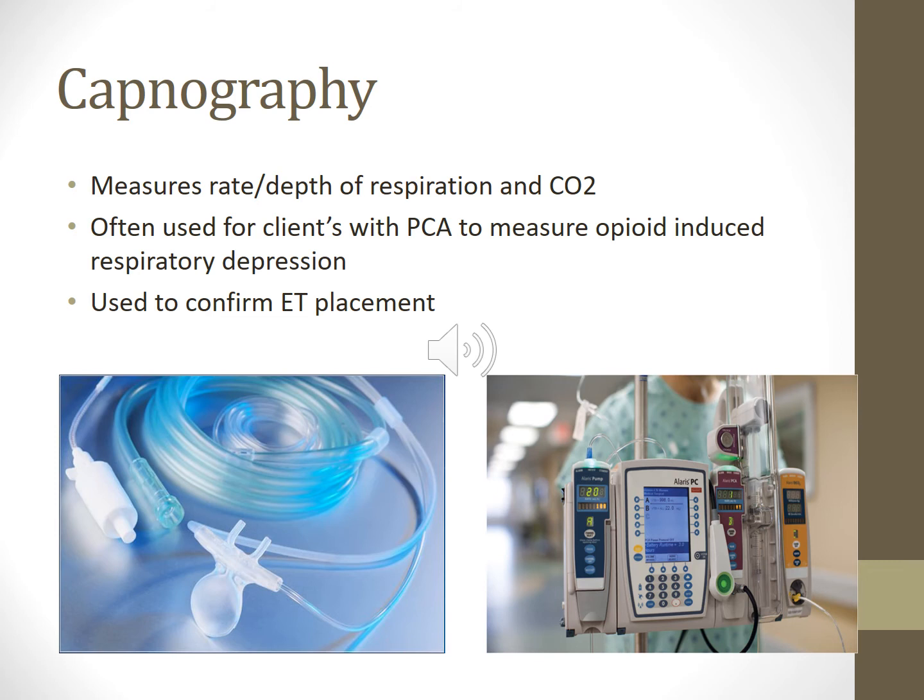So if we hook this tubing up to the device here, the pump, we can measure if that patient has the correct amount of CO2 coming off. If a patient starts to go into respiratory depression, it will monitor this and it will alarm us so that we can go in on that patient and check and make sure they are all right.